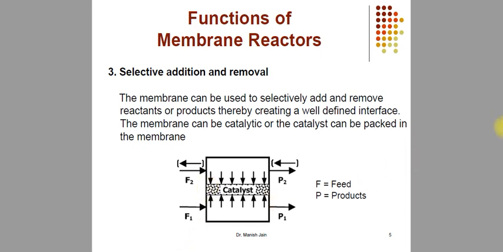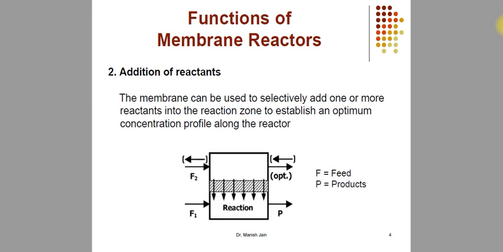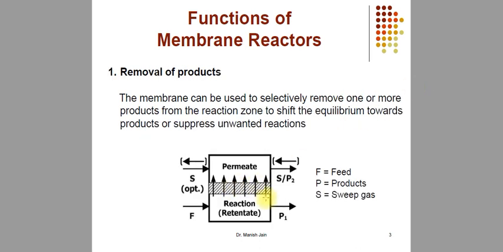And packed bed membrane reactor means the reaction site or reaction chamber is packed with the catalyst, and you have the membrane layer above it, which will allow one of the products to pass out. So suppose this chamber is filled with the catalyst, and here you have the membrane which allows one of the products to pass out.